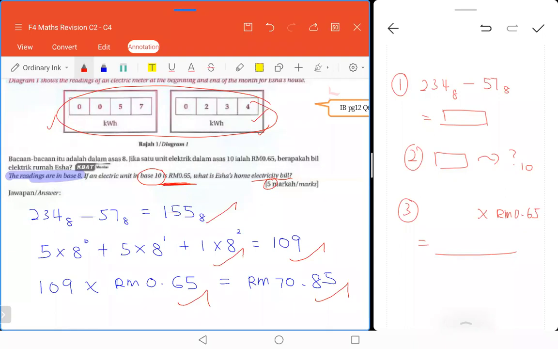Others? Okay, can you write down for me how many marks you score out of these 5 marks? You can calculate yourself. Let's say you have this part wrong, then you have to calculate until here.